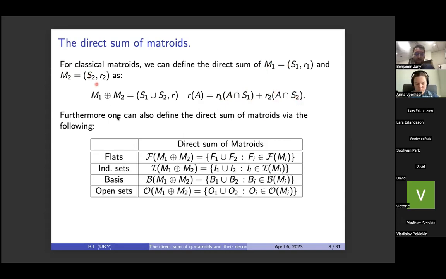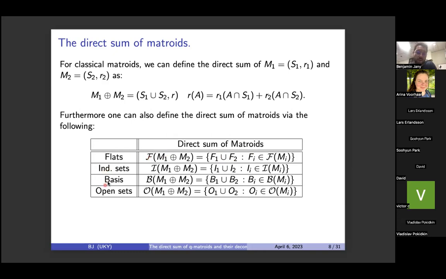Okay. And so there exist different ways to define the direct sum, using different classes of sets of matroids. It is well known that, for example, the flats of the direct sum of matroids will just be the union of the flats of each component of this direct sum.